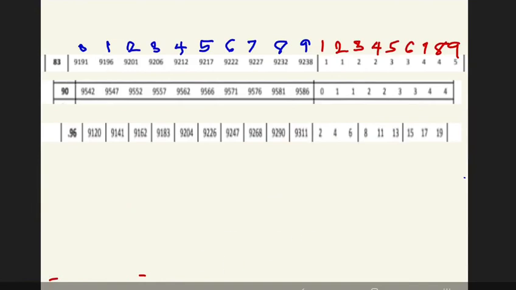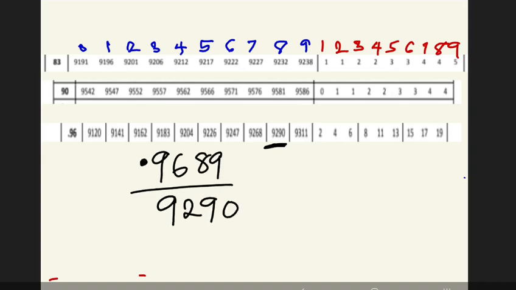So what we are looking for is 0.9689. Under 8 will be 9290. That is under 8. Difference 9 is the last number.